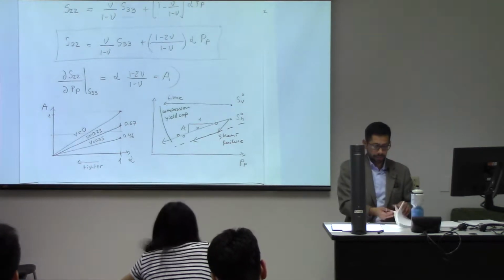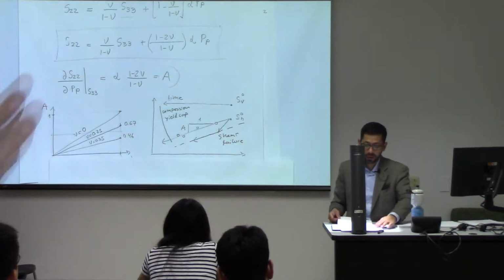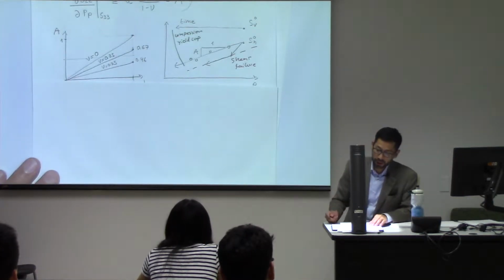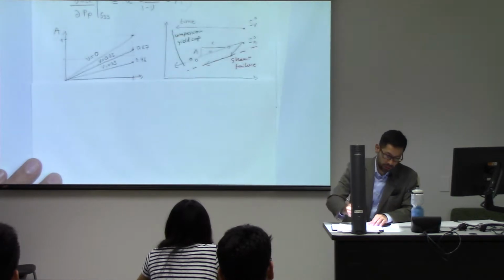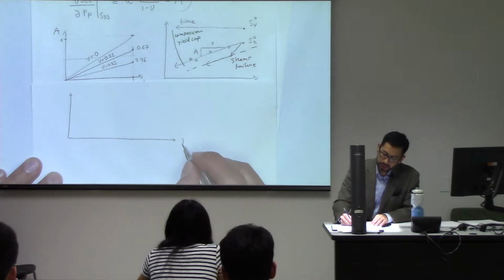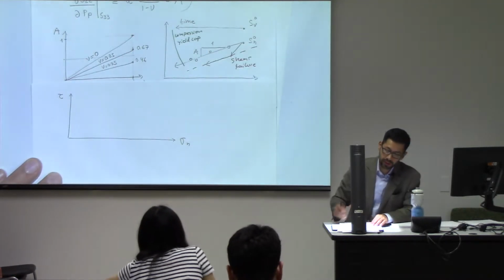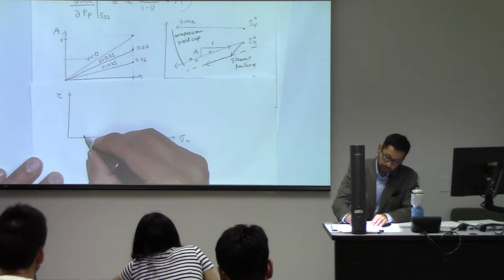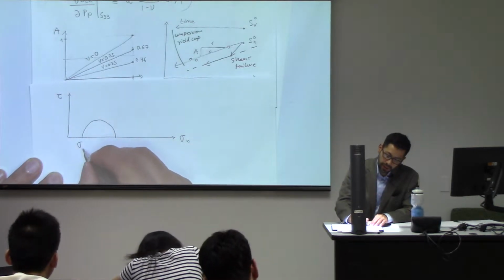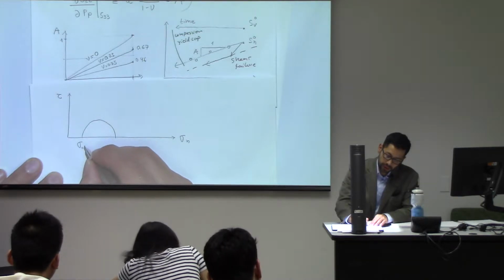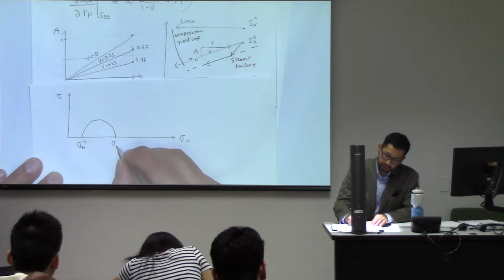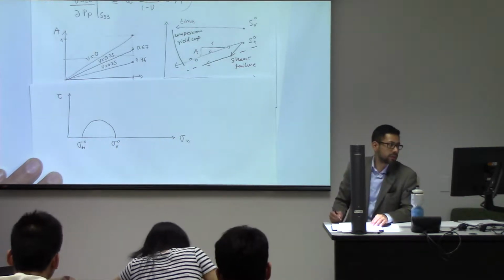If you do that, you can find that the stress path of a reservoir subjected to depletion is going to be, this is normal stress, this is shear stress. At some point, you have your initial effective horizontal stress, and this is your vertical effective stress.